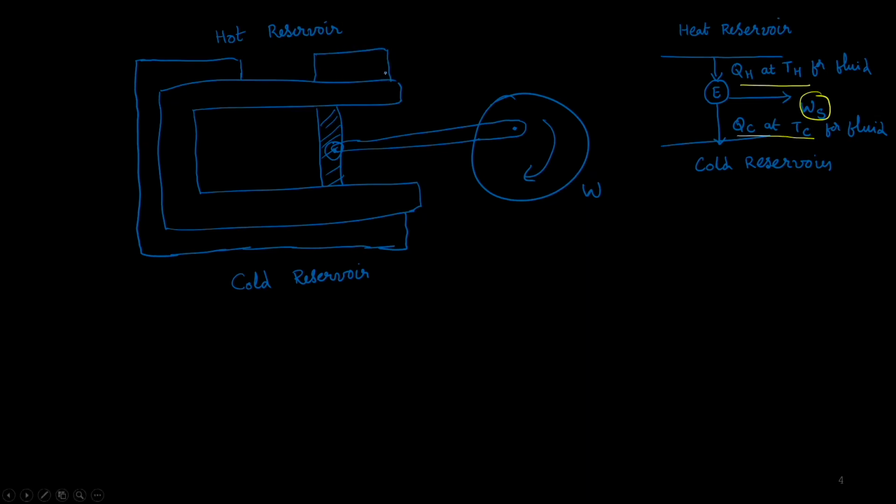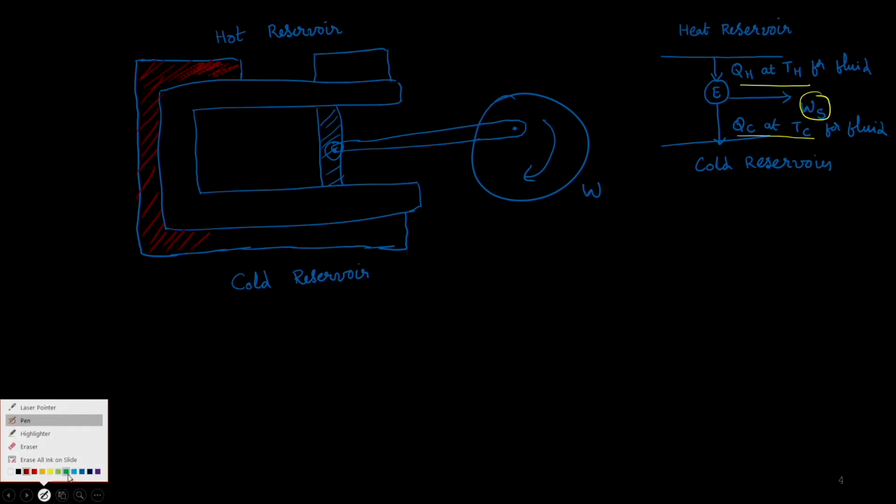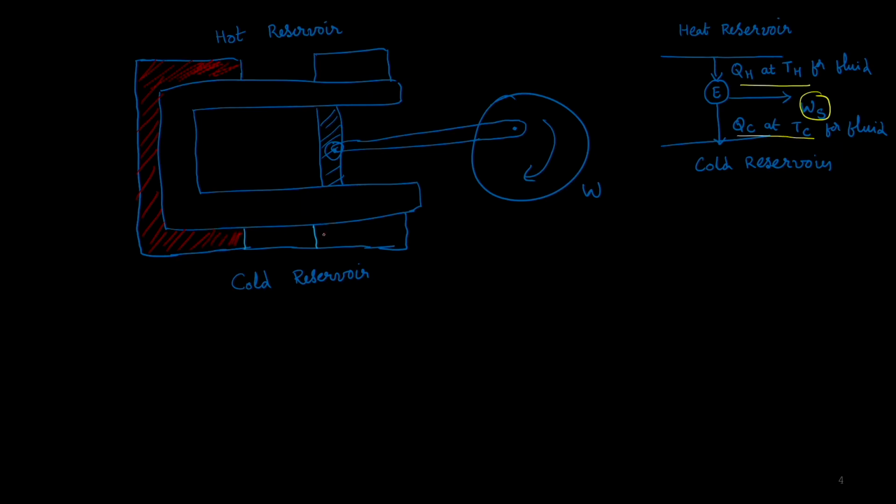So what I'm drawing around it, let's say this is an insulation. So we're going to well insulate this, right? Let's also put a break here. We're going to insulate the walls of the cylinder, right?